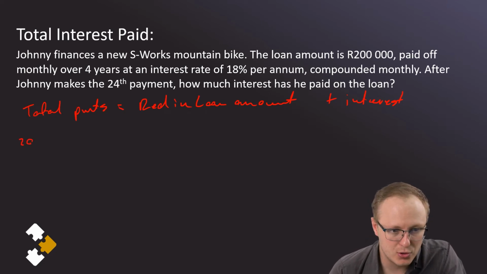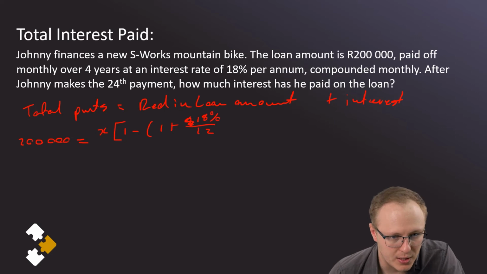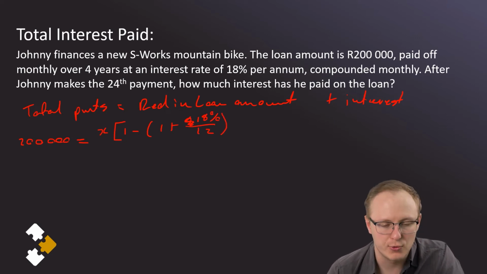So we're going to have 200,000, that's the present value, equals the amount that he has to pay, which we don't know, and that's going to be 1 minus the 1 plus 0.18. Let me be consistent, 18% over the 12 because it's compounded monthly, and we have a 4-year term, so 4 times 12 is going to be negative 48.